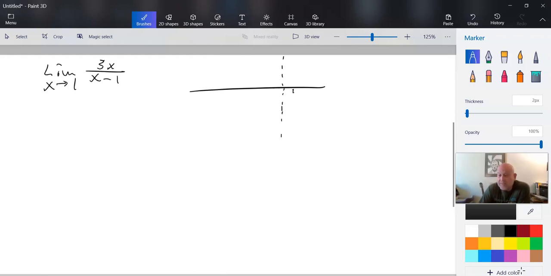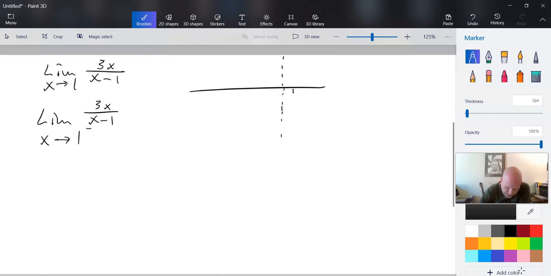So just reasoning this out, let's suppose x is just a little bit smaller than 1. So we're going to look at the limit as x approaches 1 from the left of 3x over x minus 1. We'll figure out which way it's going, and then we'll look at it from the right and figure out which way it's going and go from there.